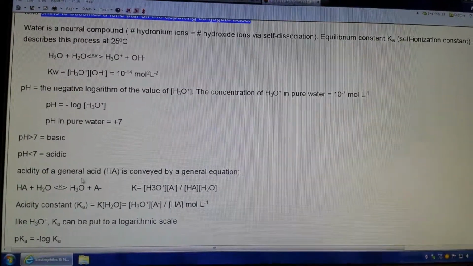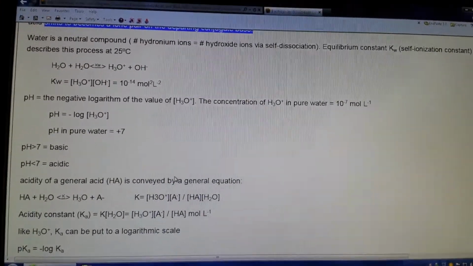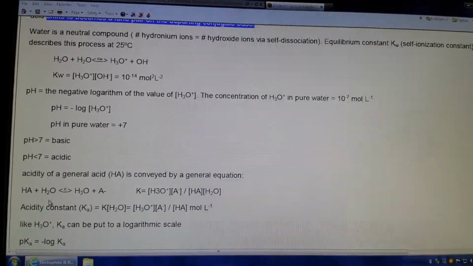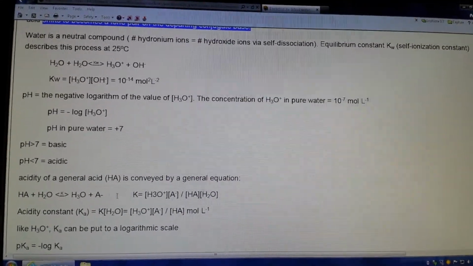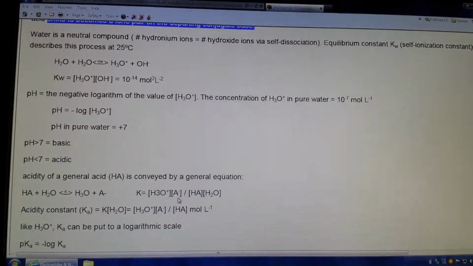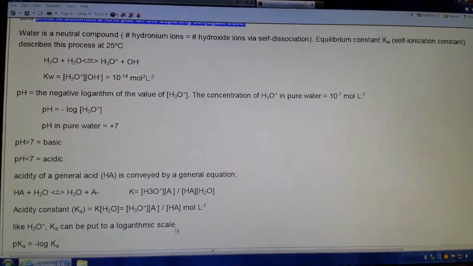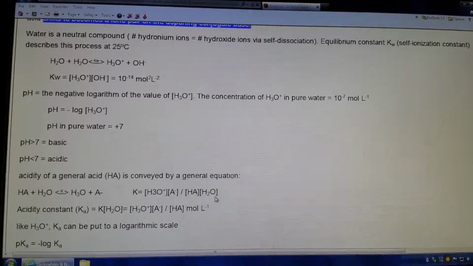The acidity of a general acid HA is described by the equation HA plus water gives H3O+ plus A-. K equals the product of H3O+ and A-, divided by HA and H2O.